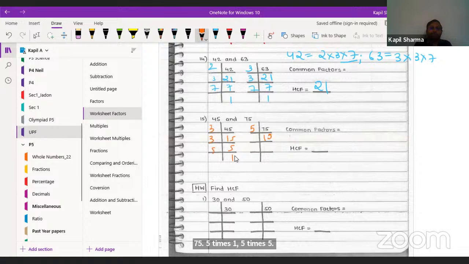So 5 times 15 is 75, then 5 times 3 is 15, 3 times 1. Or ideally we should start with 3. So 3 times 25, 3 times 5, 5 times 5, 5 times 1. Okay, so what's the HCF? Devika, Swastik?